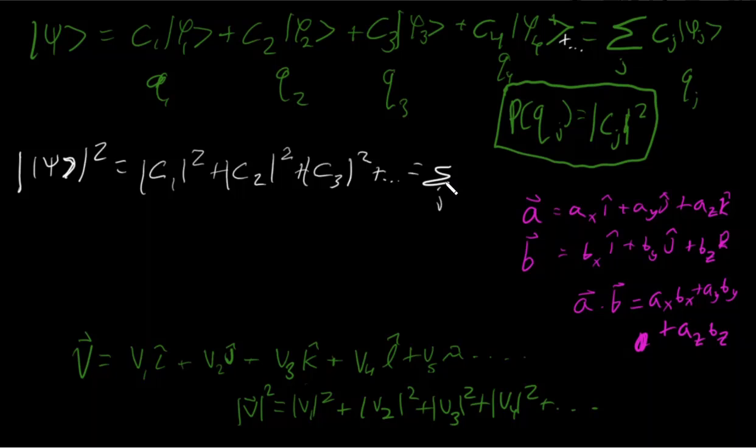We're not going to write j equals 1 to infinity, because this is just a shorthand for all possible values of j, whether we're starting from 0 or 1 or 2. And this will be the sum of c sub j norm squared. But notice, this sum is also the sum of all the probabilities. So just like we had before with normalization, this must be equal to 1.